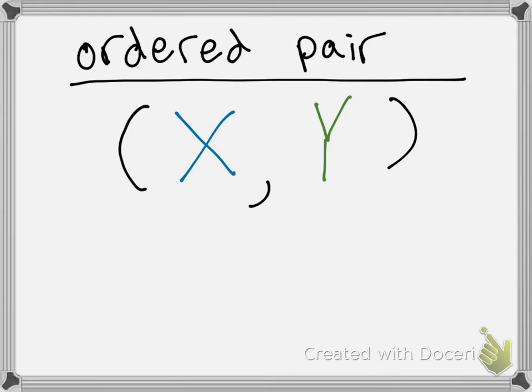So that's telling us where we're going to put the point on our coordinate plane. And we'll get into it more. The way that I remember this one is it's in alphabetical order. So it goes x, comma, y. And before you ask, yes, there is a z, but we just don't deal with it. It makes it three-dimensional, and we just don't deal with it.